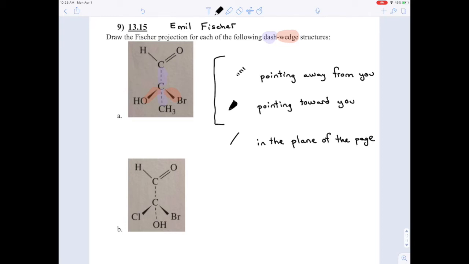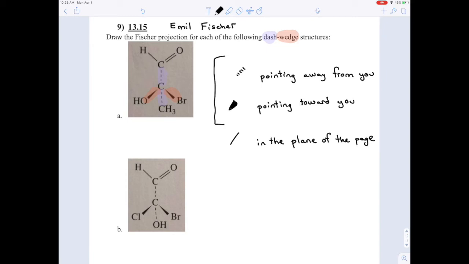And sugars have so many chiral centers. Almost every carbon in the middle of a carbon chain on a sugar is a chiral center. So he was drawing a lot of molecules. It was taking him a lot of time, and he developed a shorthand way of drawing molecules that have a lot of chiral centers, specifically sugars most of the time. But really it's just anything that has a lot of chiral centers.